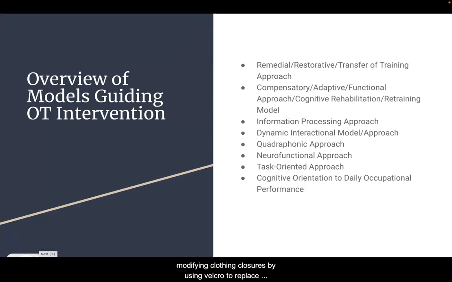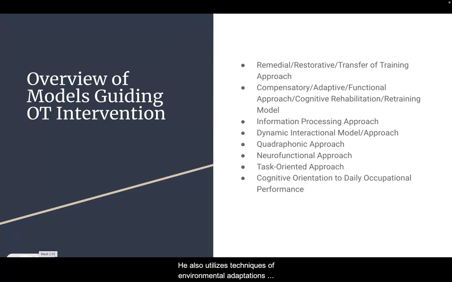For example, modifying clothing closures by using Velcro to replace buttons and zippers for those who might have a motor apraxia. The activity choice is driven by tasks that the person needs or wants to perform, and it emphasizes intact skill training. It treats the symptoms, not the cause.